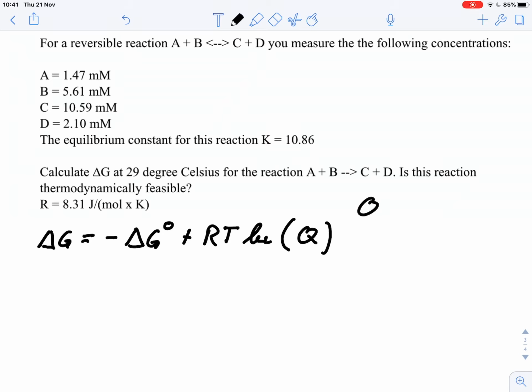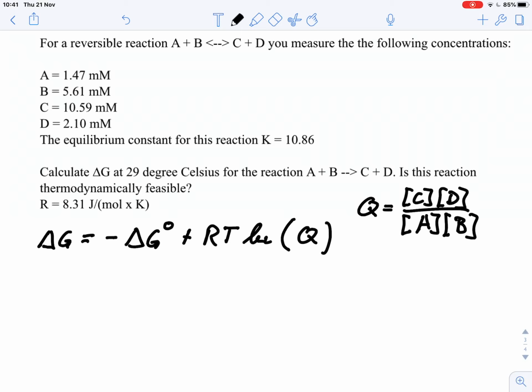So Q equals the concentration at the given time point, so that would be concentration of C times concentration of D divided by the concentrations of the reactants, so that would be concentration A times concentration B.